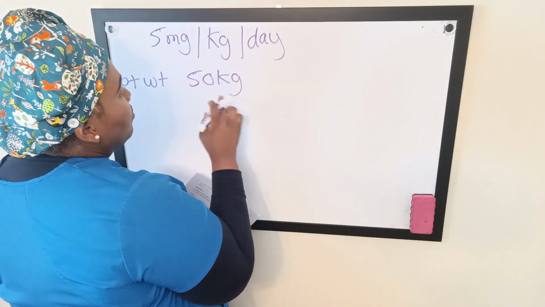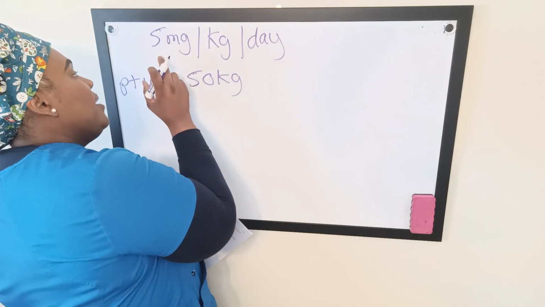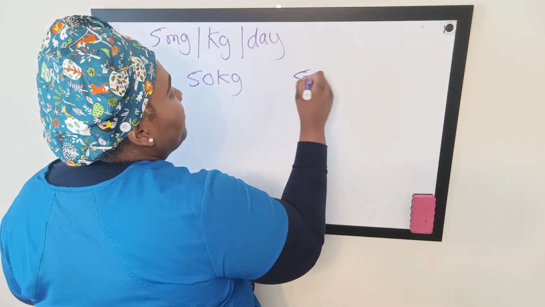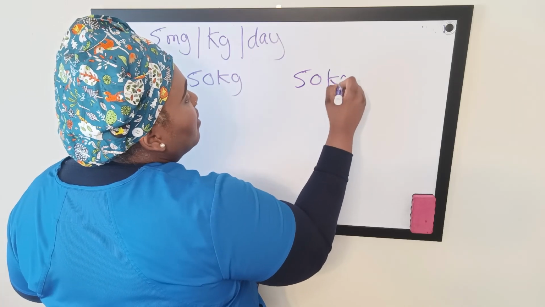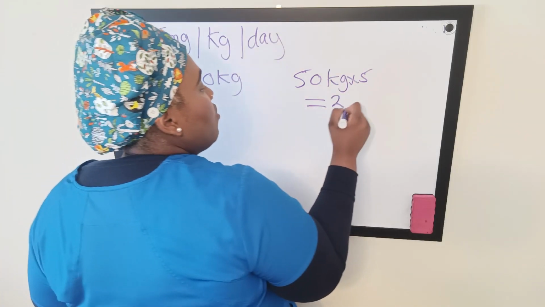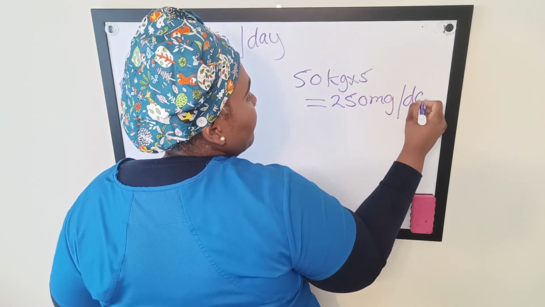So we want to find out how much they get in every dose. So what do we do? 50 kgs multiplied by the 5, because it means we're giving them 5 milligrams for every 1 kg. So 50 multiplied by 5 equals 250 milligrams per day.